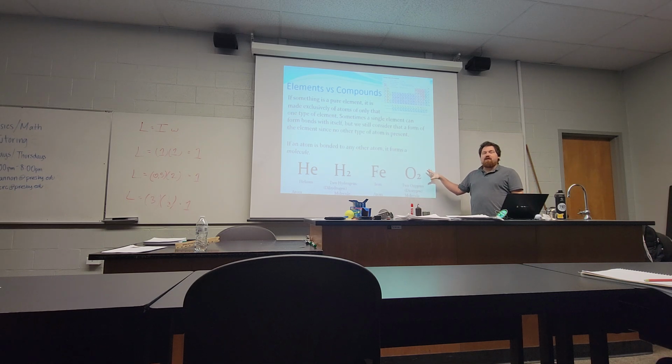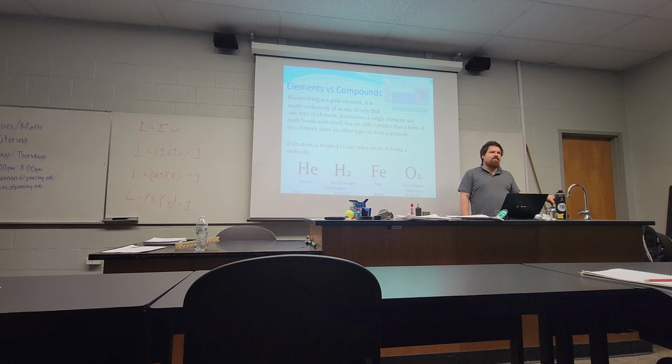But these are still considered pure elements even if they bond to themselves because there's no other type of atom attached to them. So it's still an element, but we consider it a molecule if it's more than one atom. So elements can exist as either atoms or molecules, but compounds can only exist as molecules.